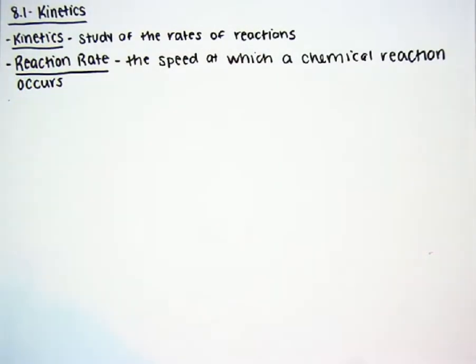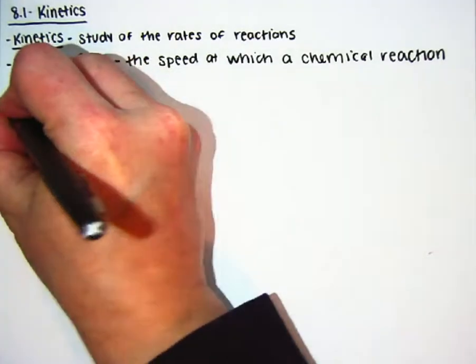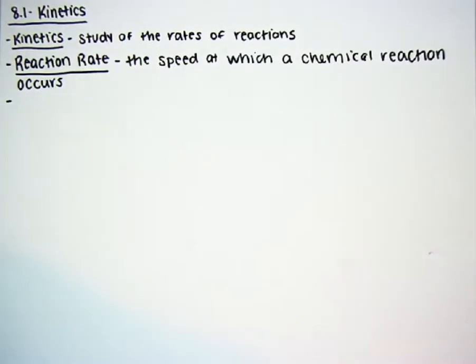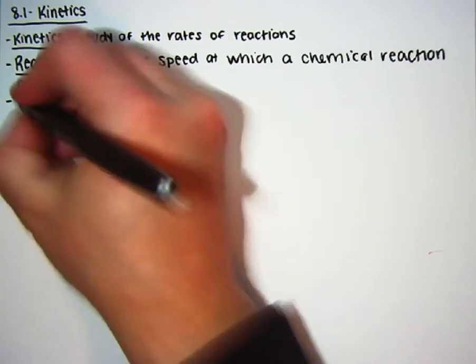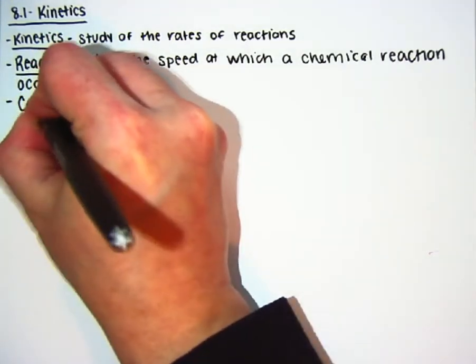The speed at which a chemical reaction occurs. When we are talking about if a reaction can occur and how quickly it can occur, it is going to depend on something called collision theory.